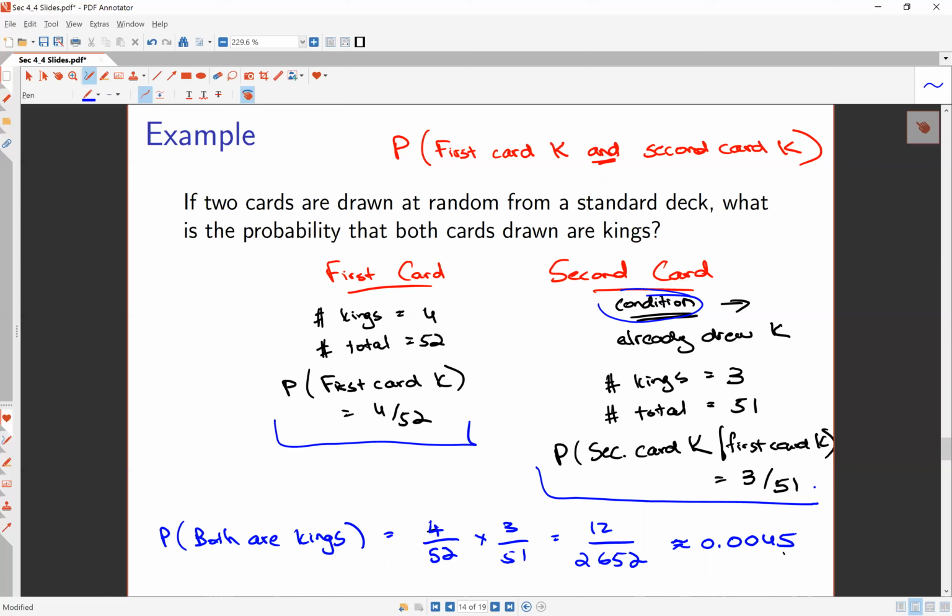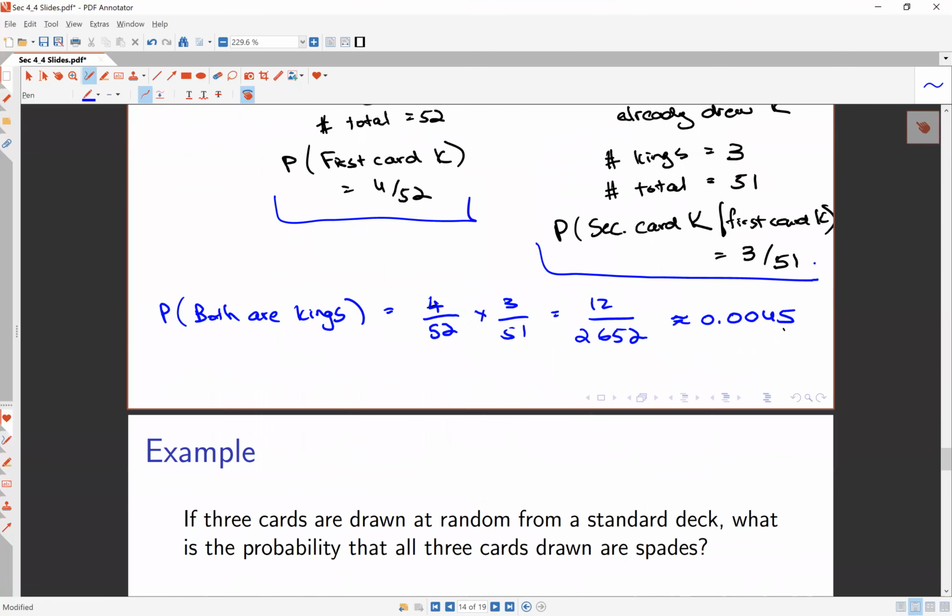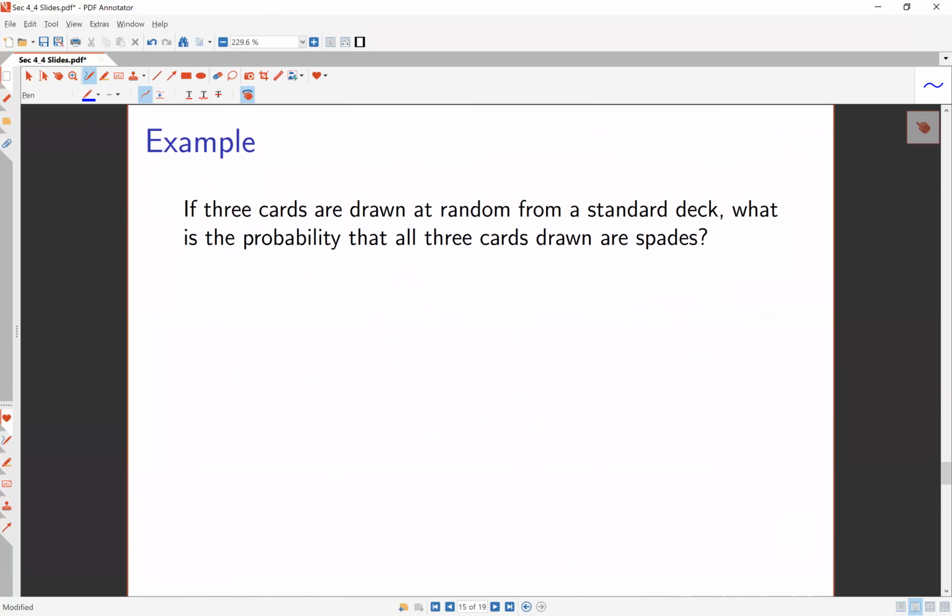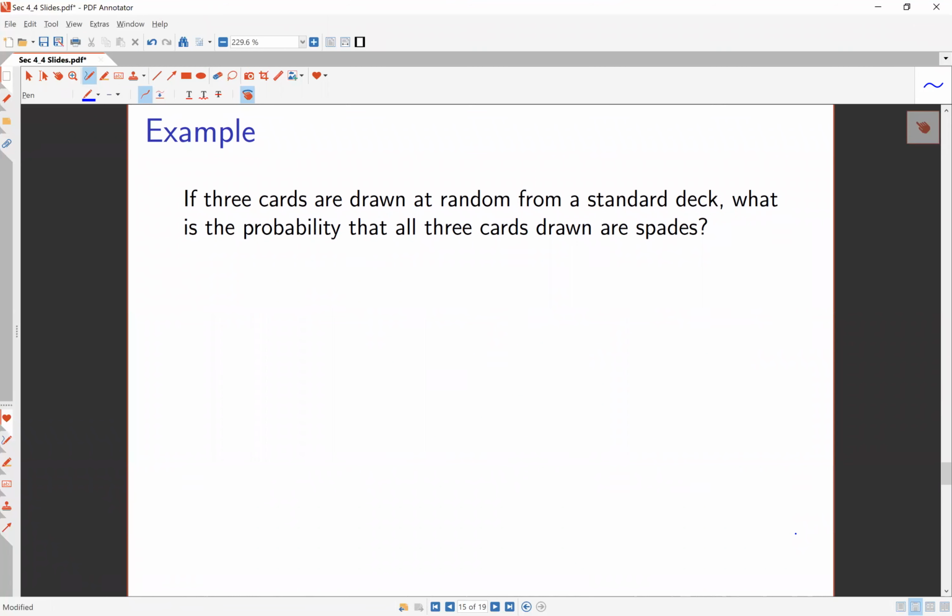What's really cool about the multiplication rule is you can extend it beyond 2 events without having to think about it too much, as long as you can apply things sequentially. So let's stick with the deck of cards example, and I'm going to draw 3 cards now, and I want to know what is the probability that all 3 cards are spades.